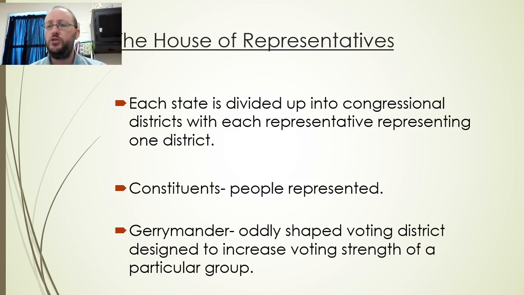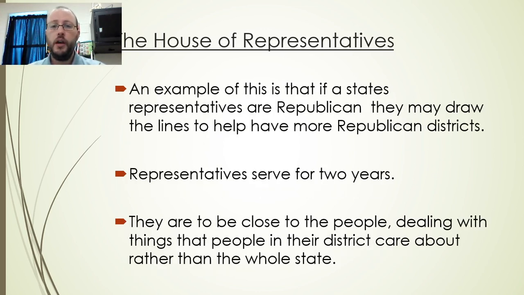They say it's to put this area and this area, but really the main focus is to map off weird-shaped districts that will get more people voting Democrat, so that would be more of a Democrat district or more of a Republican district. An example of this is if a state's representatives are Republican, they may draw the lines to help have more Republican districts.